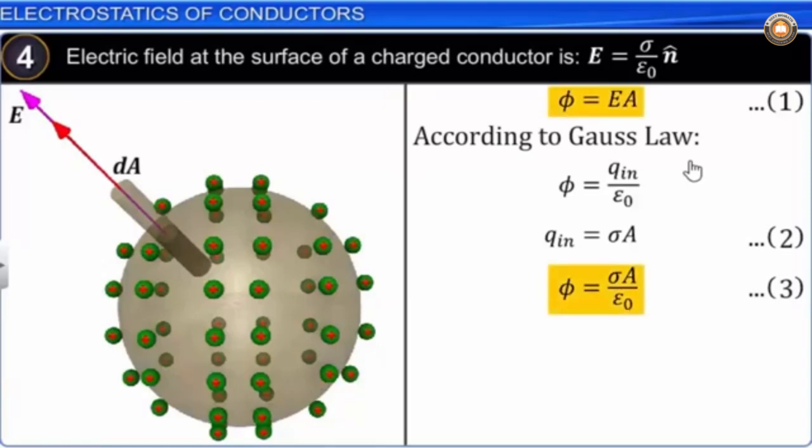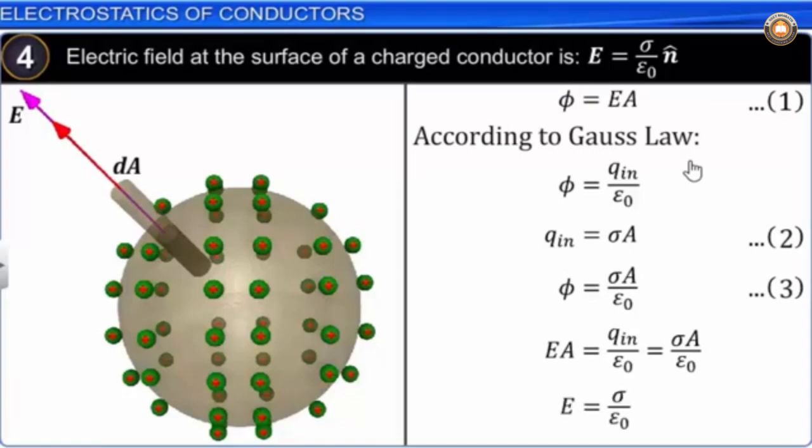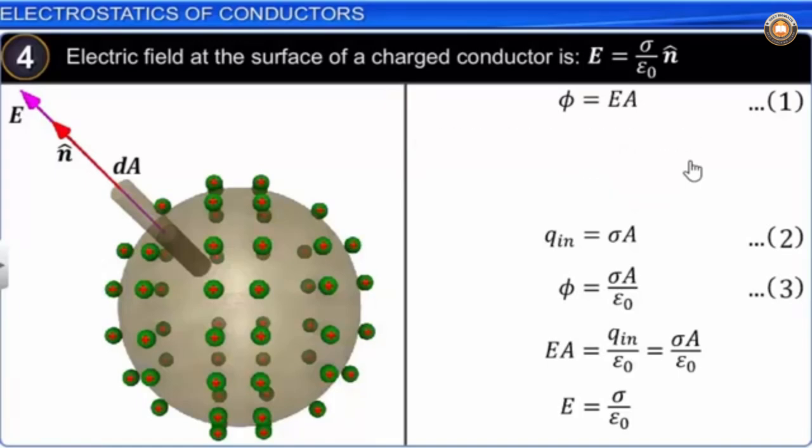Simplifying, we get magnitude of E equal to sigma by epsilon naught. If n cap is the unit vector in the outward direction normal to the surface, then we can write the electric field strength in vector notation as E equal to sigma by epsilon naught into n cap.